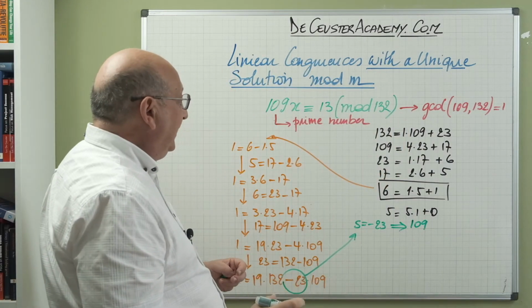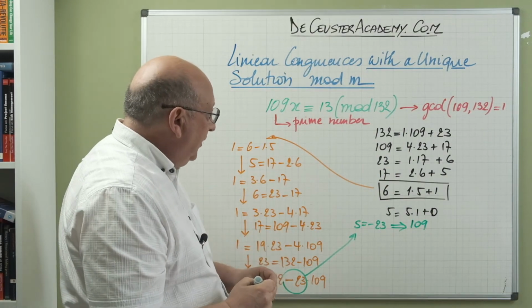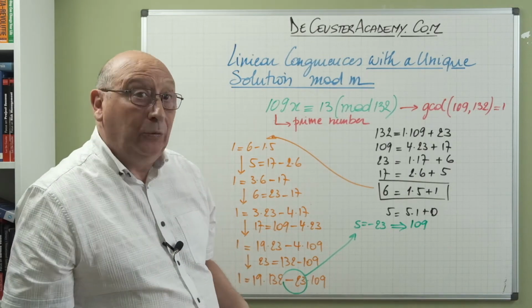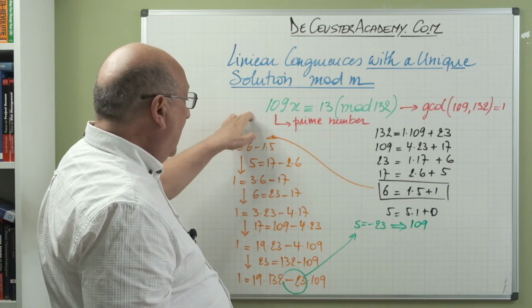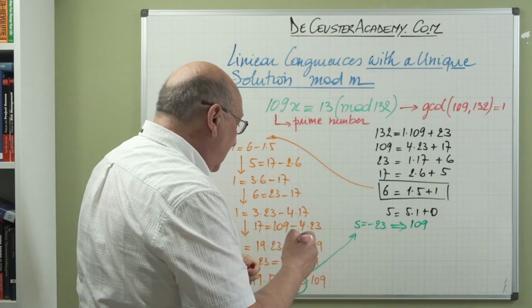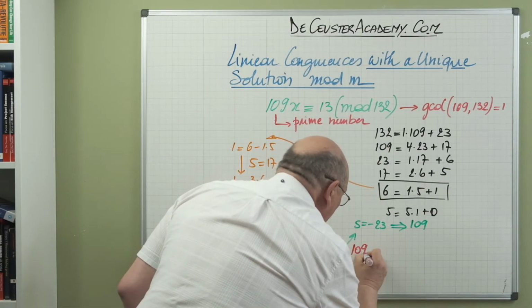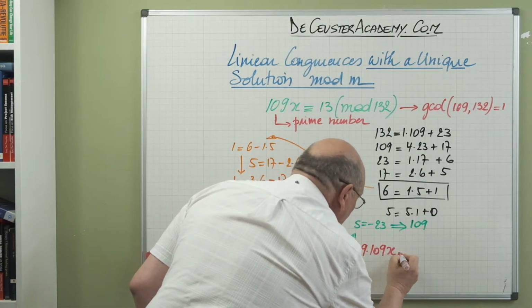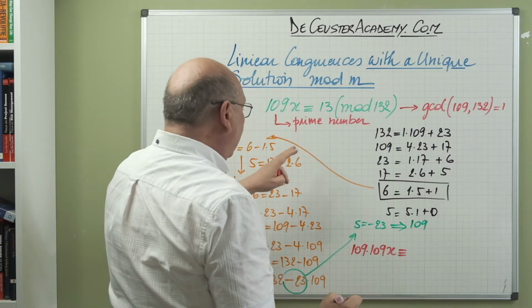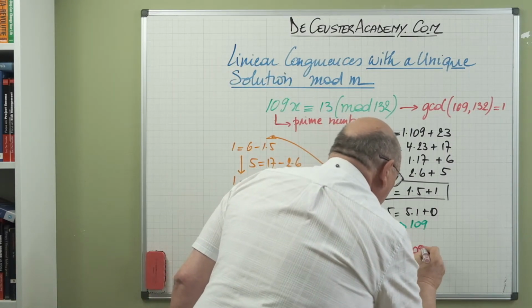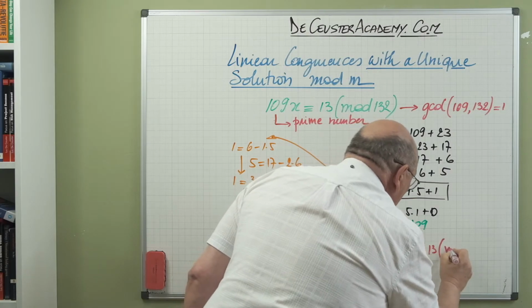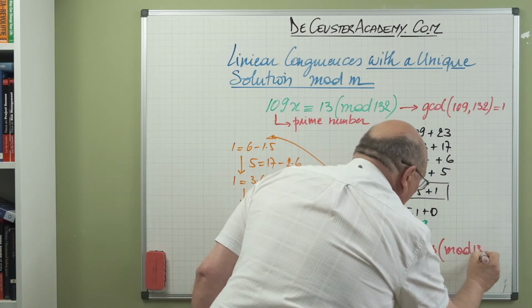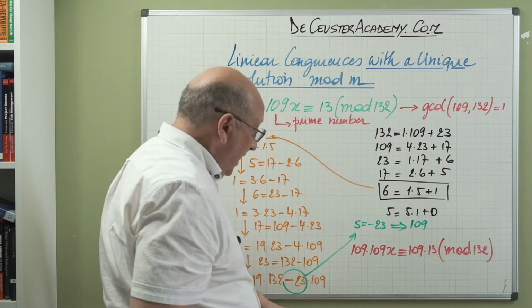And when we're going back to the equation, we can now say we multiply both sides by 109. So I find 109 times 109x is congruent with 109 times 13 modulus 132.